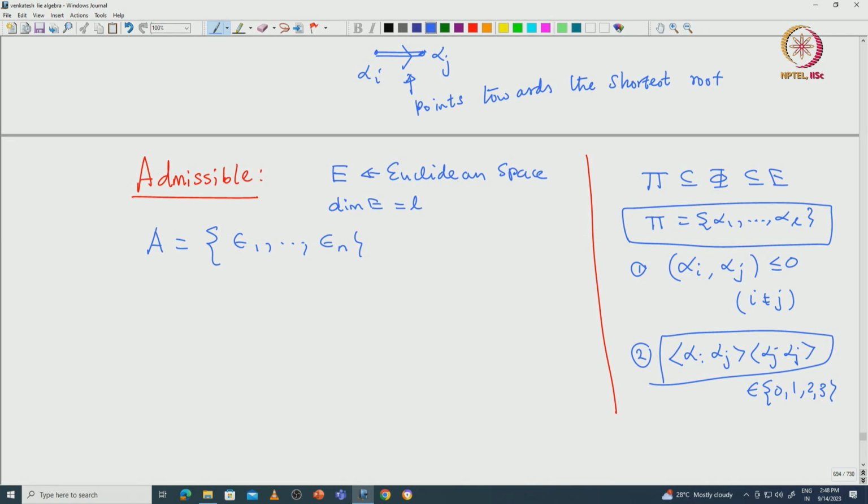You call this n number of vectors from capital E admissible if, more or less, they satisfy all the properties of base elements, that is, if they satisfy the following conditions.